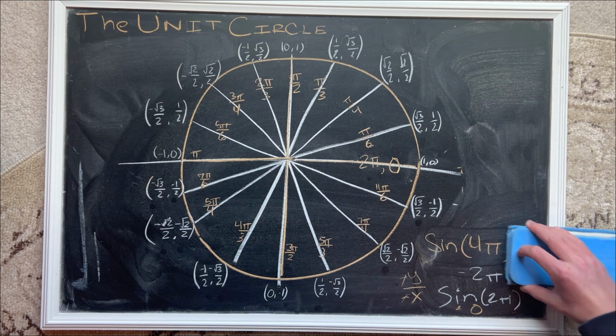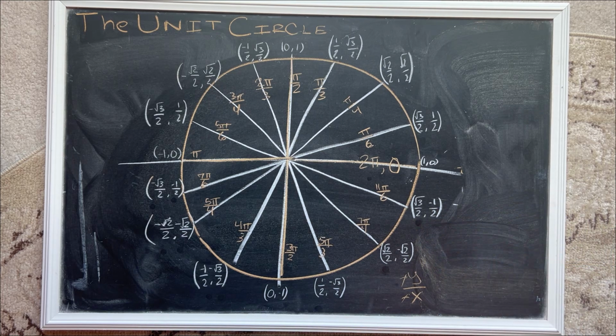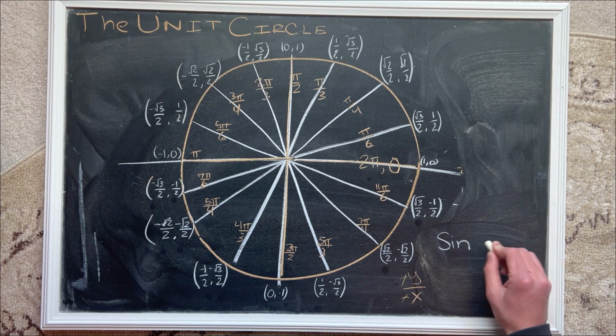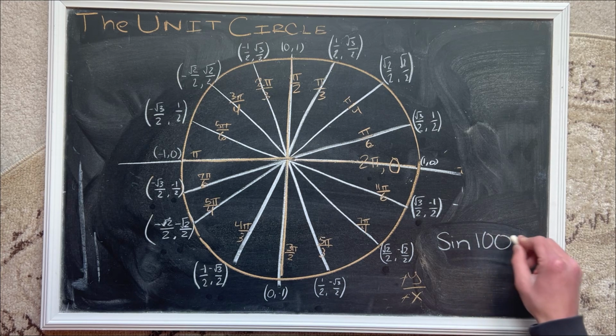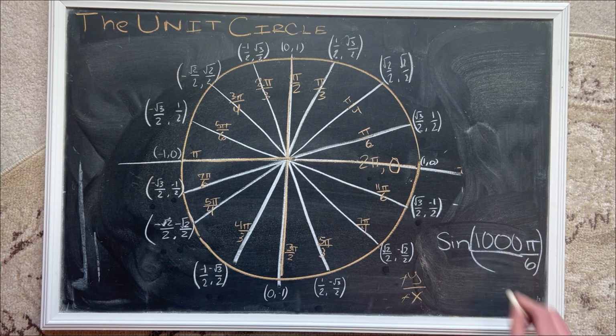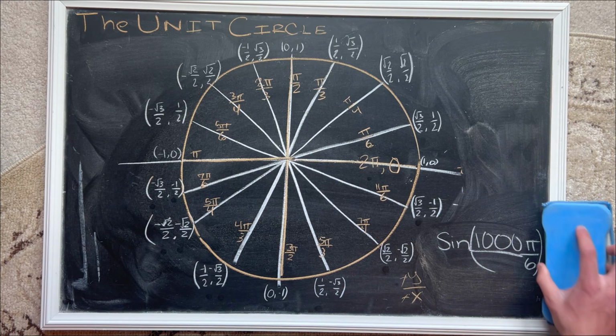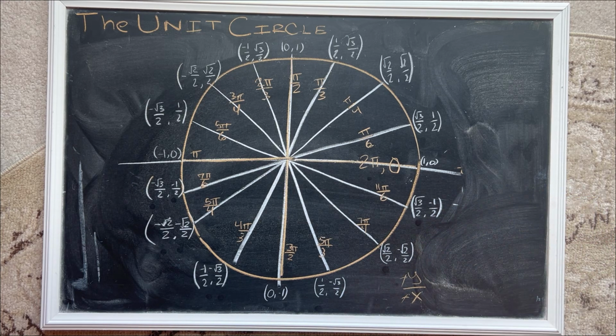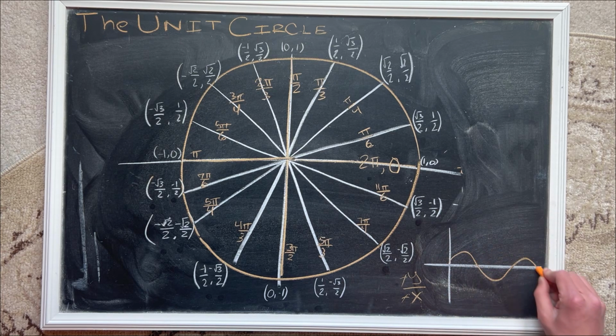All right? And we can do that for any angle. If we had sine of 1,000 pi over 6, we could find that too. I mean, we just have to subtract a lot of 2 pi's, but we would be able to find that. Because the graph of the sine function, the output, kind of looks like this.